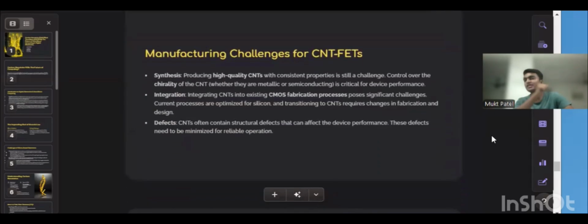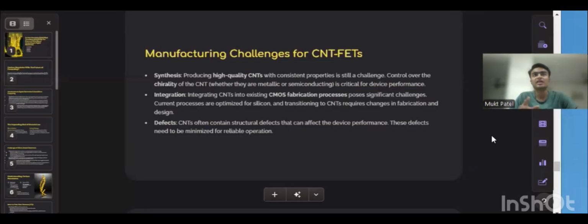Manufacturing challenges for CNT FETs: synthesis, integration, and defects. Producing high quality CNTs with consistent properties is still a challenge. Control over the chirality of the CNTs, whether they are metallic or semiconducting, is critical for device performance.